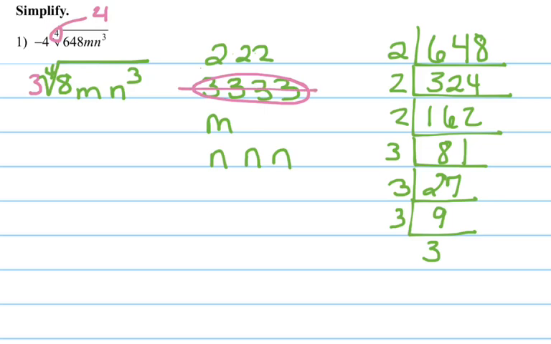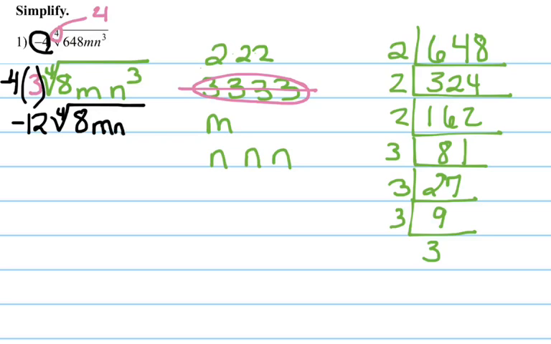We brought out that circle, and it comes out just as one item when it comes out of the radical. But that's not all. We had originally a -4 in front, so we have a -4 still there. So -4 times 3 is -12 times the fourth root of 8mn cubed, and that's your answer.